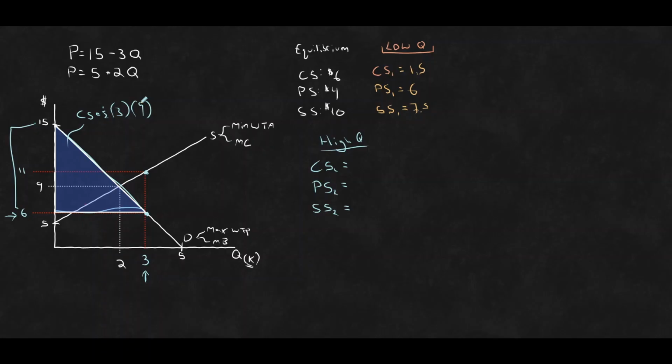So 1/2 base times height gives us altogether a consumer surplus of 13.5. Wow, would you look at that? Consumers are already getting a surplus greater than the social surplus. This looks like it's going to be a pretty big win for them.